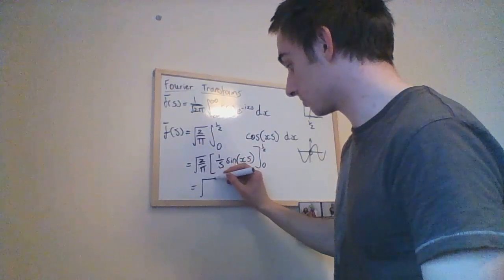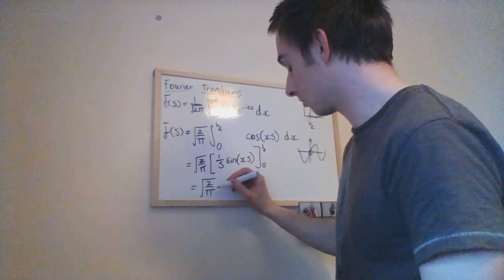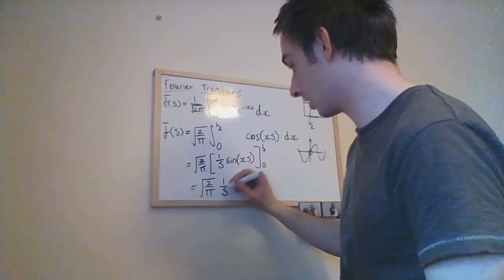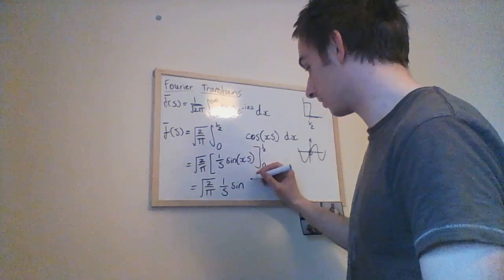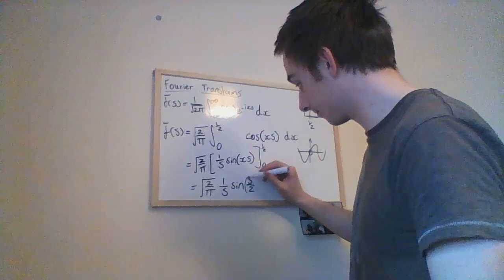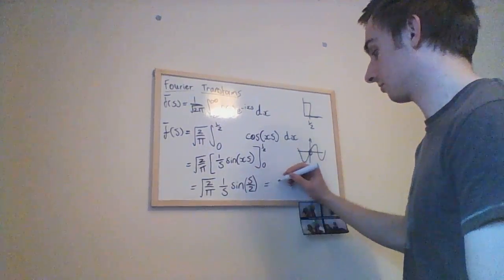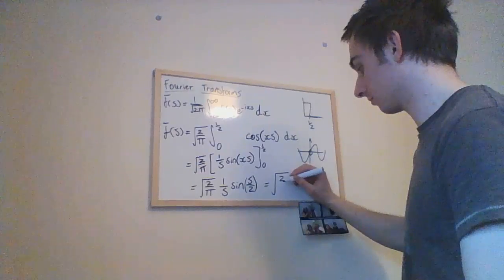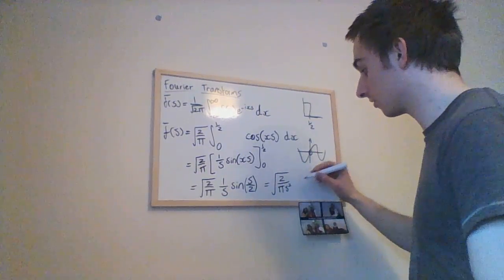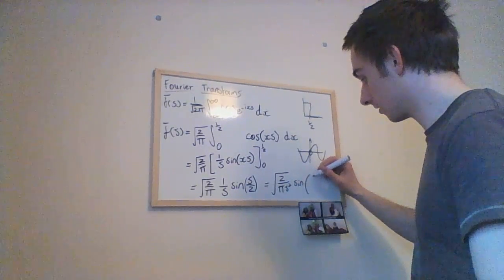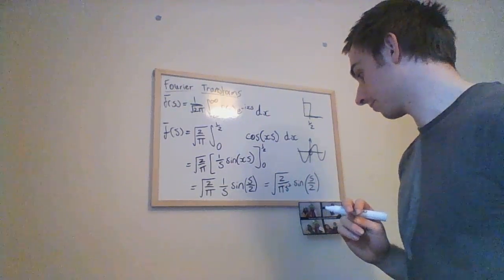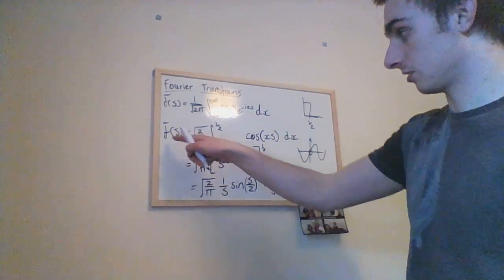So this becomes 2 over pi, 1 over s sine of s over 2. And we can call that 2 over pi s squared sine of s over 2, which is now our function in terms of s.